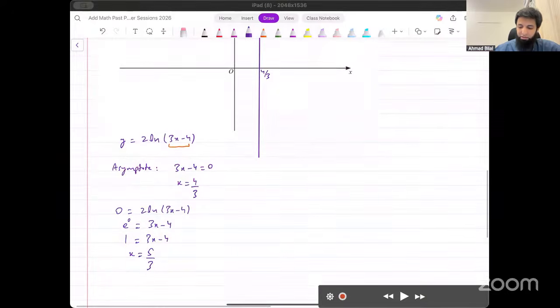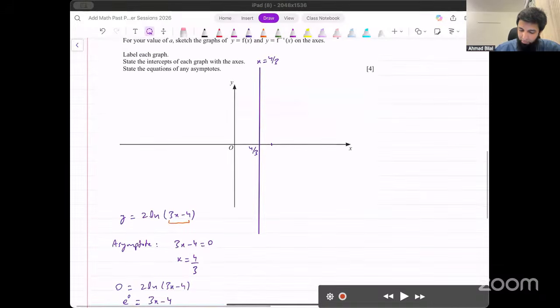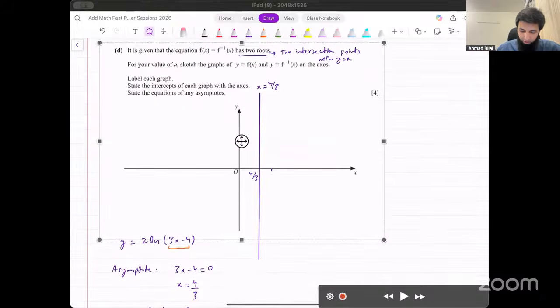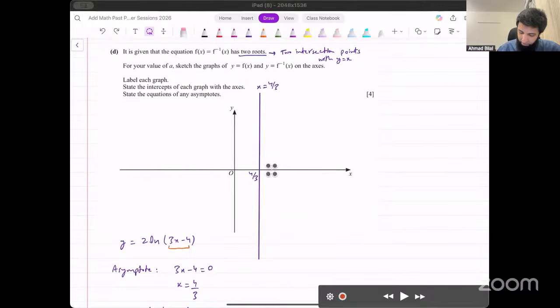So that tells us the point where this graph intersects the horizontal axis is 5 over 3. At 5 over 3, this log graph intersects the x-axis.